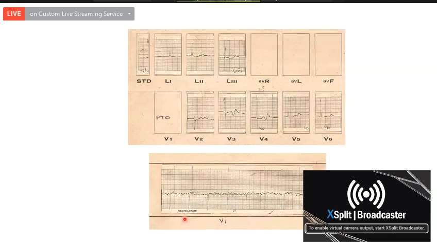No, it may not be more than the amplitude of T. What is the relationship of the U wave to the T amplitude? Less than 1/4. More precisely, 5 to 15%. The height of the U wave is equal to 5 to 15% the height of the T wave.